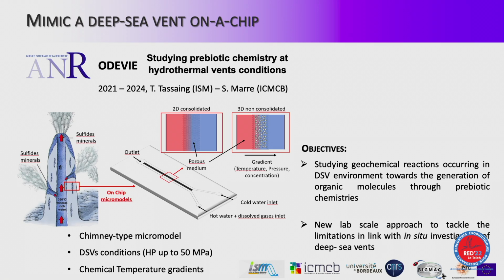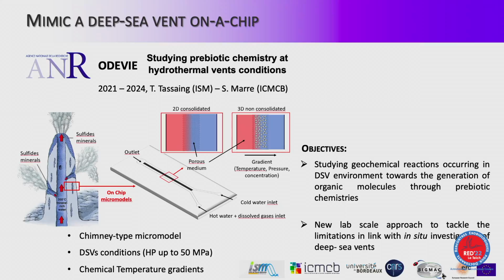You can inject hot water to mimic the fluid of the deep sea vents, and also cold water to mimic the oxidized cold water. And in the channel here, you can have some reactive chemicals, some reactive rocks, just to study the geochemical reactions occurring under deep sea conditions.